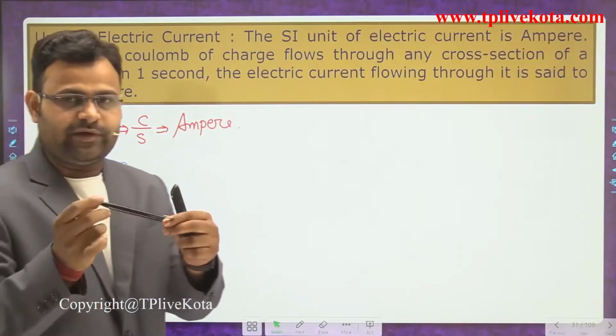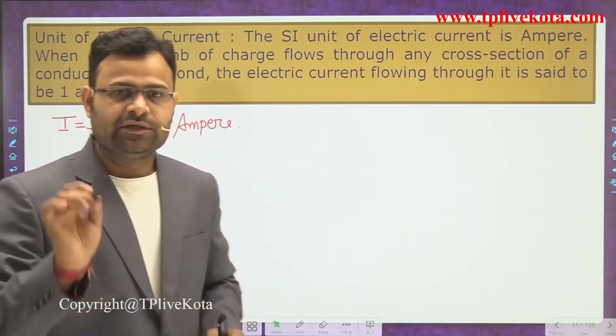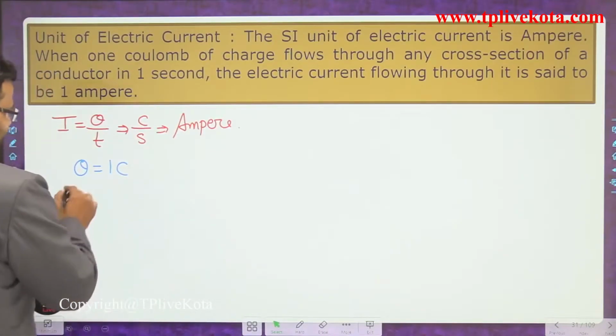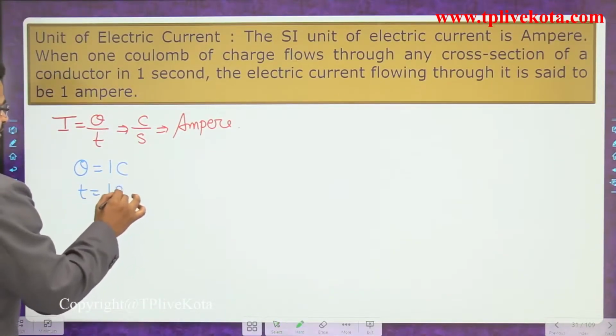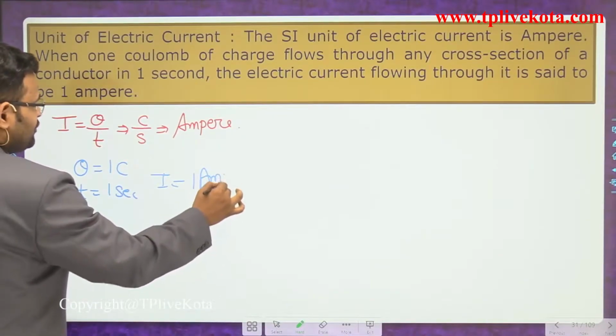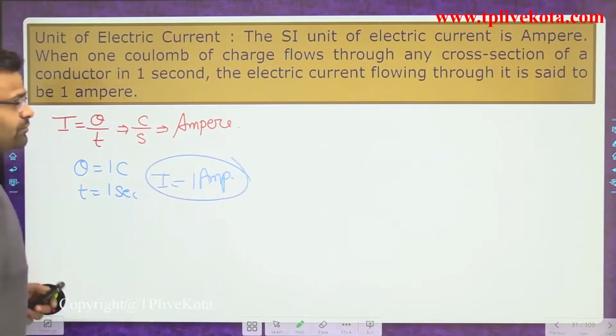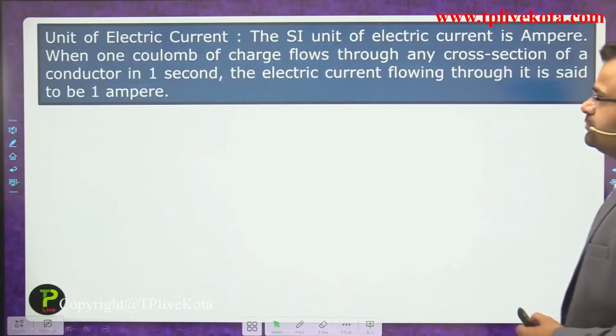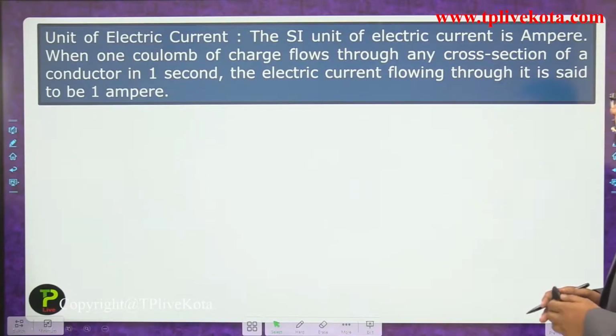Let's suppose that is a wire and that is a cross section area. In that cross section area, 1 coulomb of charge passes through in 1 second. Time given is 1 second. So how much current will flow? A current of 1 ampere will flow in that wire. That is the unit of electrical current.